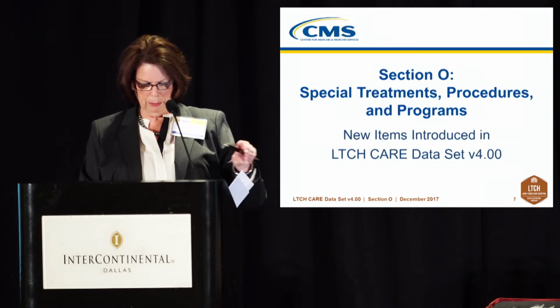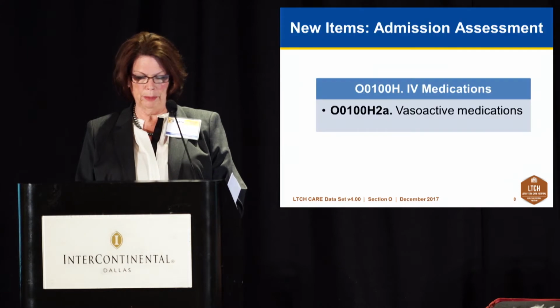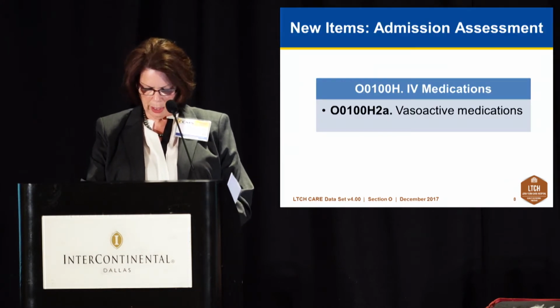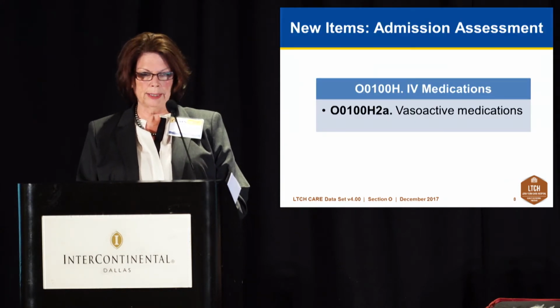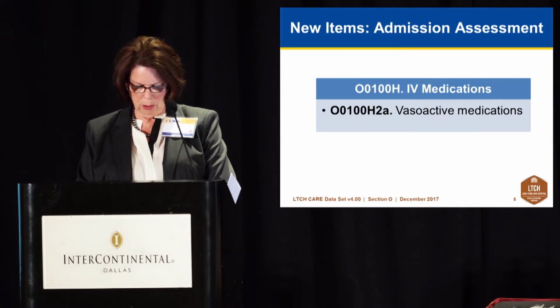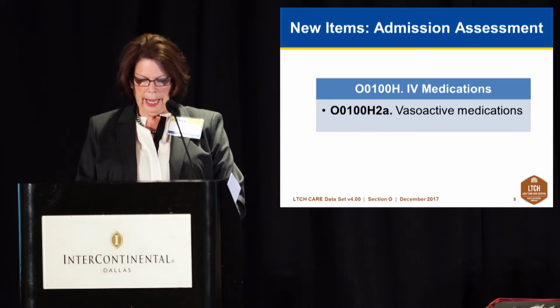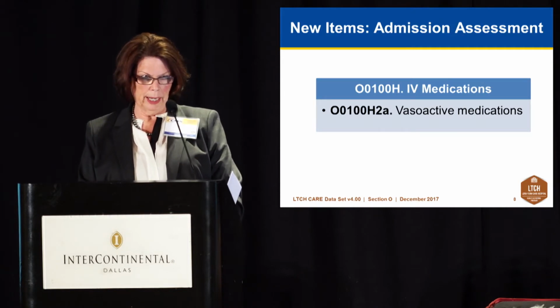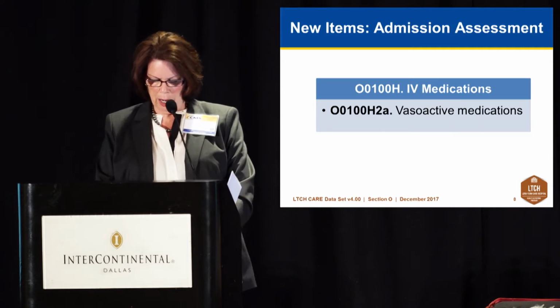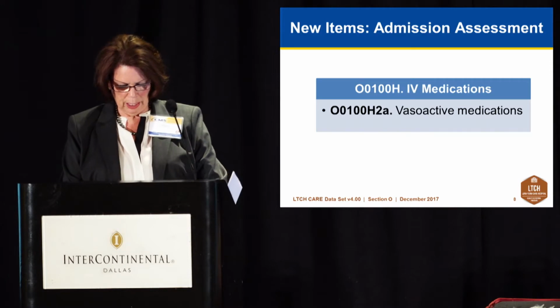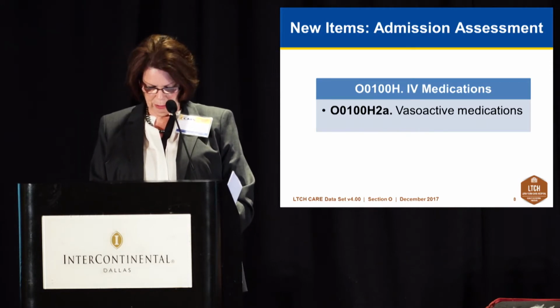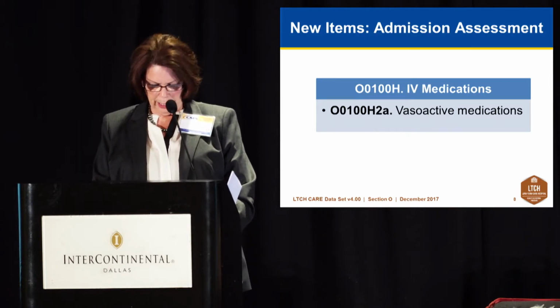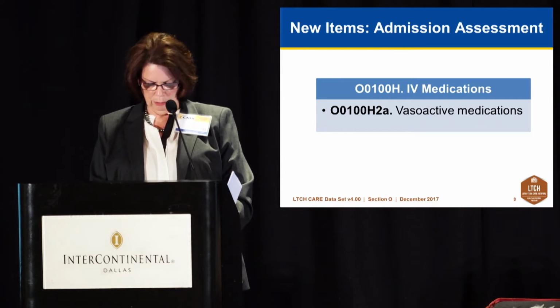So I'm going to begin by talking about the new items in Section O. And the first one is O0100H, IV medications, and the specific data element, there are two elements here, O0100H2A, vasoactive medications. This is one of the new items you'll be asked to complete at the admission assessment.